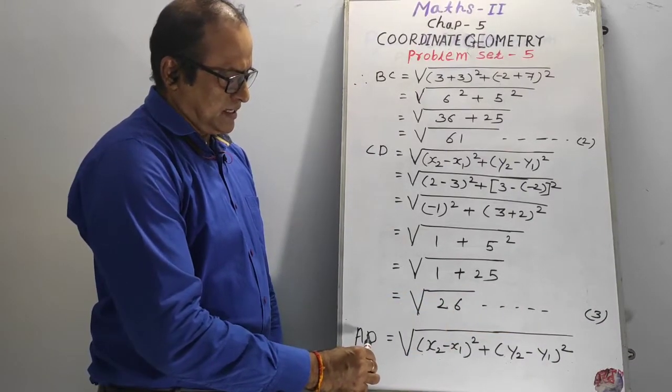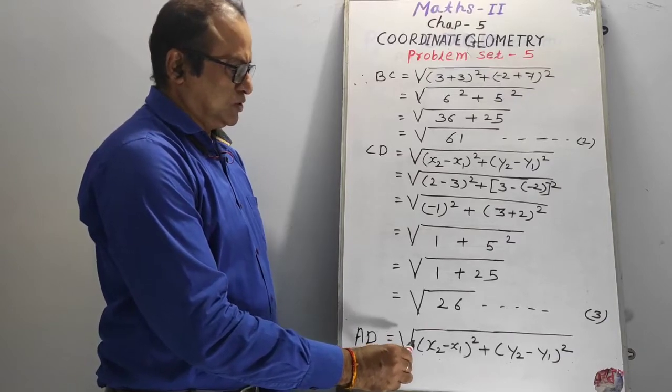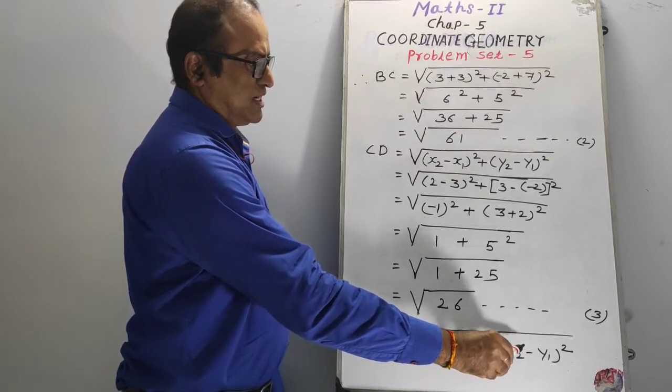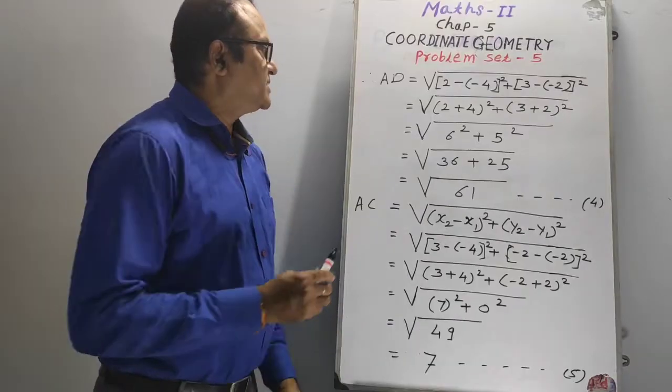Now AD is equal to under root (x2 minus x1) square plus (y2 minus y1) square.